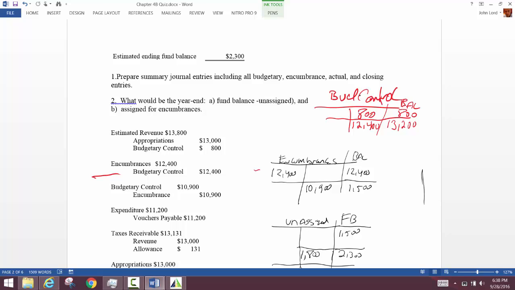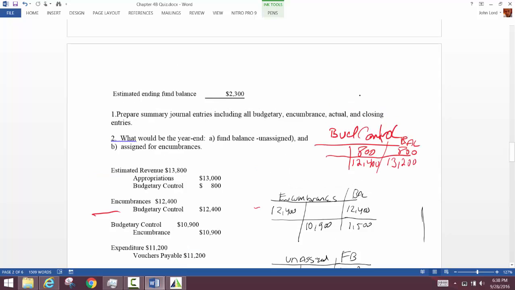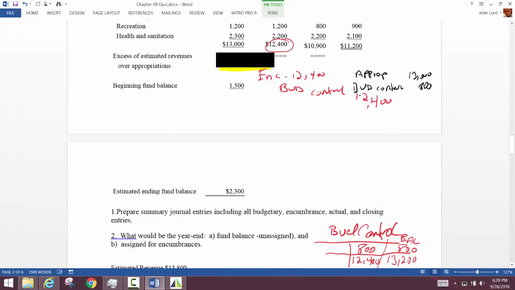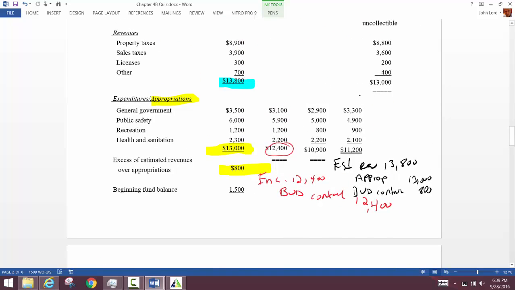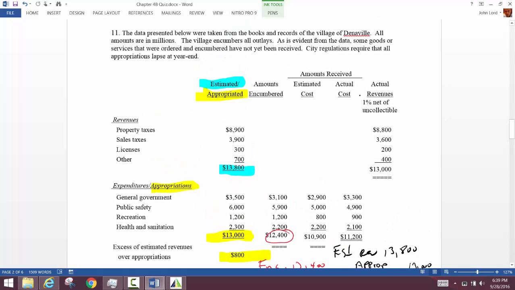Now what happens? Come up, and we look at this column over here, and they tell us that the estimated cost for amounts received was 10,900, while the actual cost was 11,200, right? Okay, who wants to give me the journal entry for this whole thing?